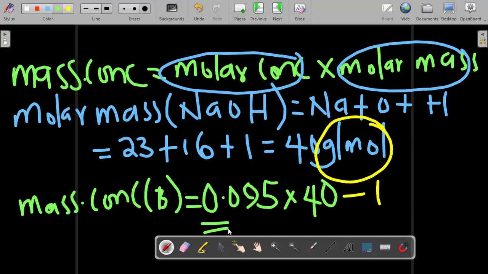Now press 0.095 times 40. That will give us 3.8 grams per dm cube. That's how to find mass concentration. It's the molar concentration times the molar mass. At the end of the day, we're having 3.8 grams per dm cube. Is it clear? Write it.